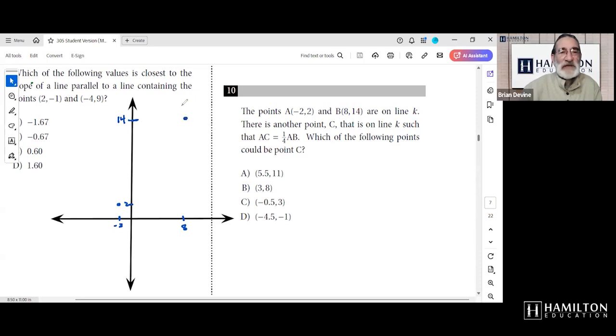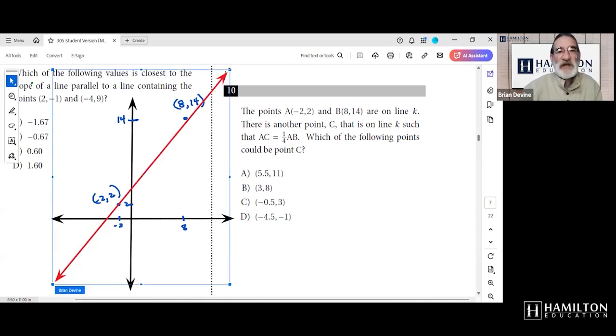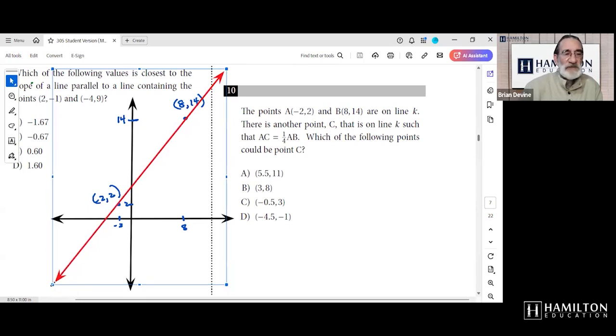You don't have to be, but it makes it nice in order to get the scale relatively correct. And then I'm going to have a line. I'll make it reddish. That goes through these 2 points. This is line K. Sort of. Let's see, that's better.